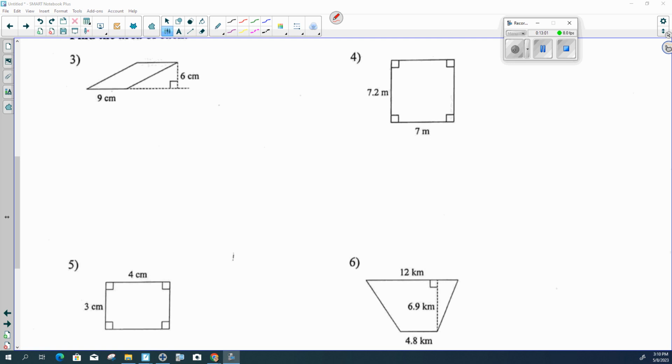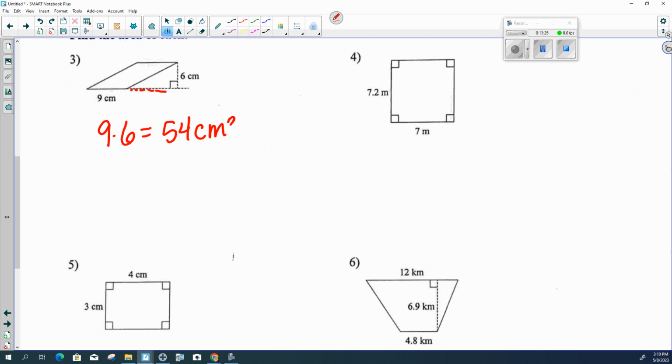So we have lots of different formulas. Parallelogram might seem like it's something tricky because with these dashed lines, it feels like a triangle kind of deal. But it's not. I don't know if you can picture, but if you splice these two pieces together, it makes a rectangle. So we just do base times height.